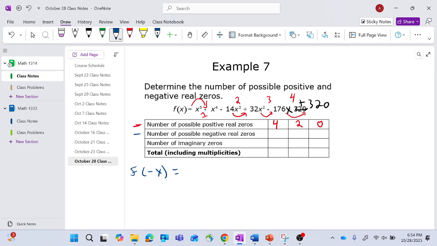So you had a positive x to the 5th. Now you have a negative x to the 5th because 5 is odd. You have a negative x to the 4th. Well, that's even, so it stays negative x to the 4th. You had a negative 14x cubed. Well, 3 is odd, so it changes sign to a positive 14x cubed.